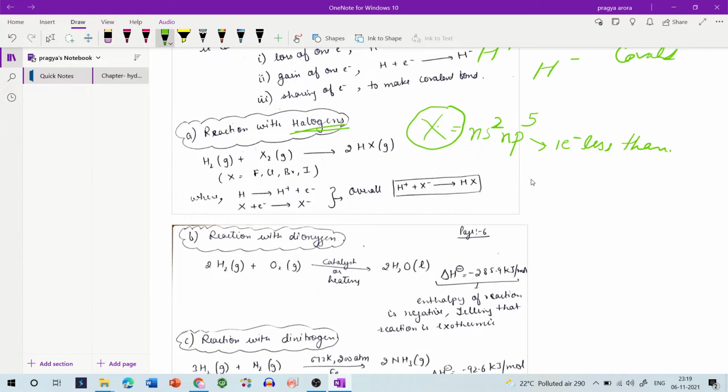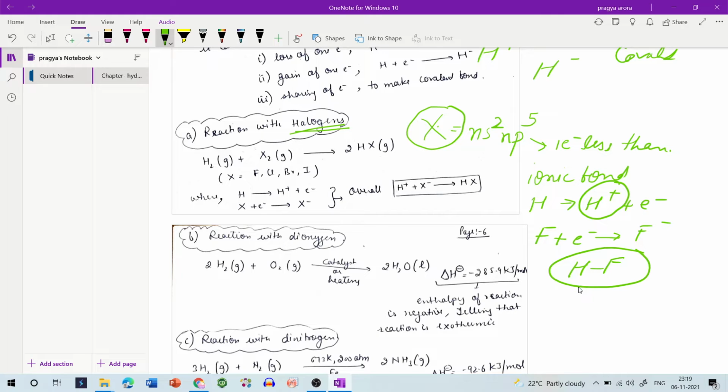So if it is forming an ionic bond, it could be that hydrogen is donating its one electron to form H plus ion. And on the other hand, some halogen like fluorine, let's say, is gaining this electron to form F minus, and there is an ionic bond between the two.